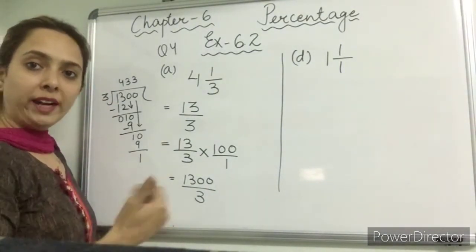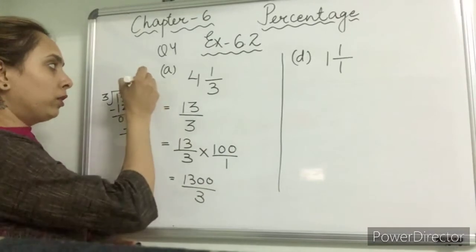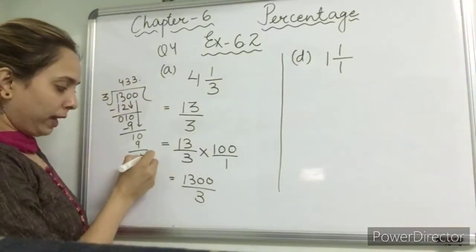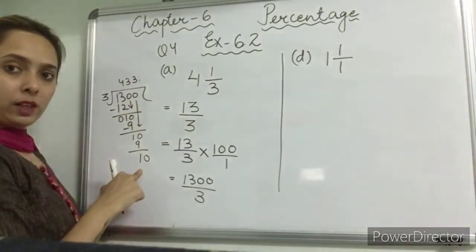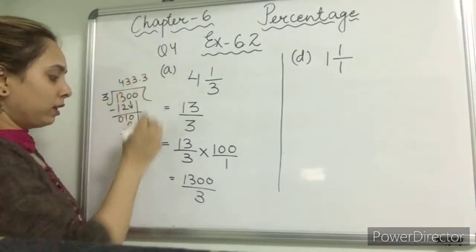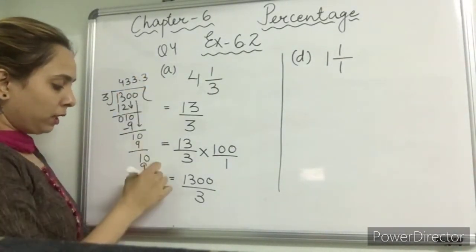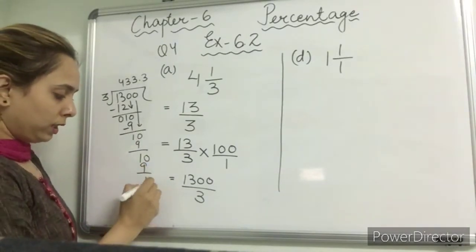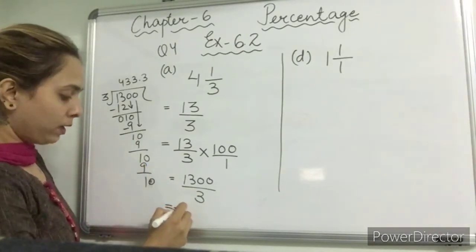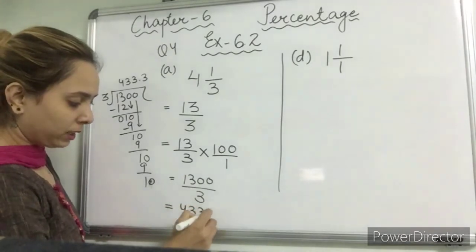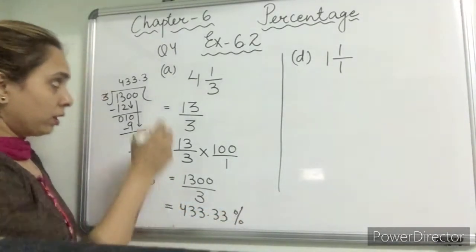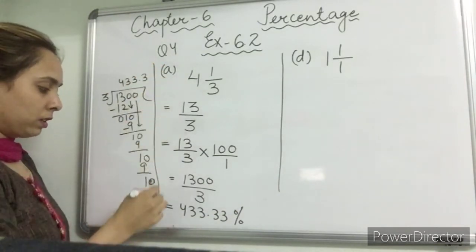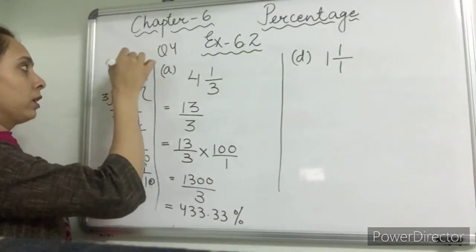So to divide it further, I will put one decimal here so that I can have 1 0 here. So again now we have 10 here. So again 3 3s are 9. So it will keep on going. So the answer for this will be 433.33%. This is the rough work.